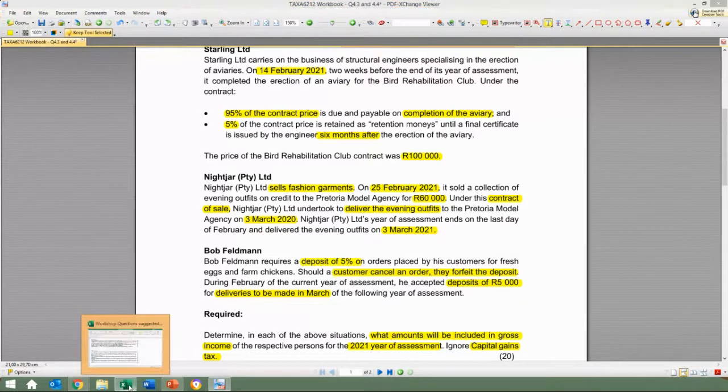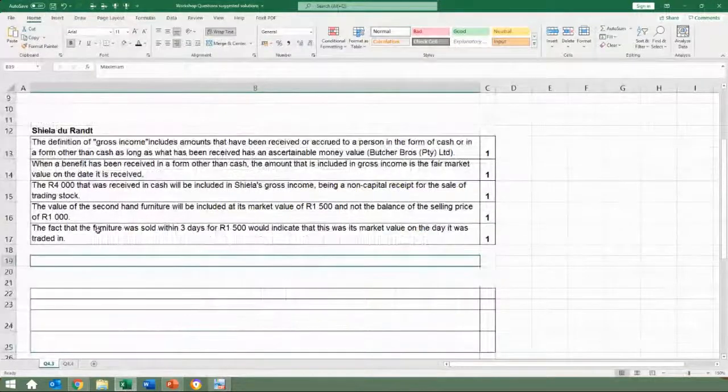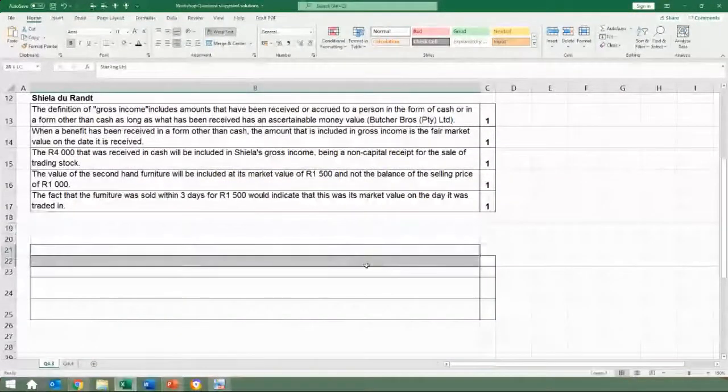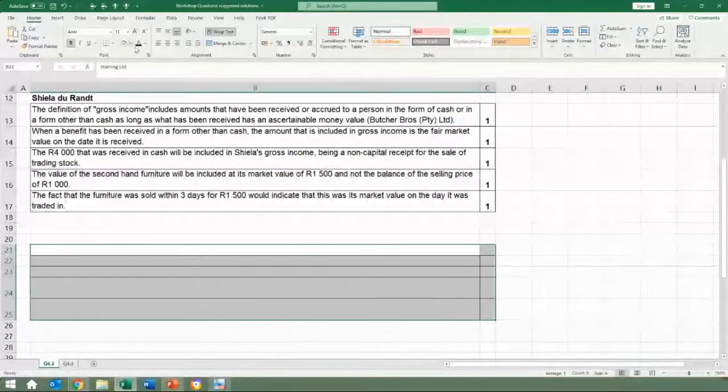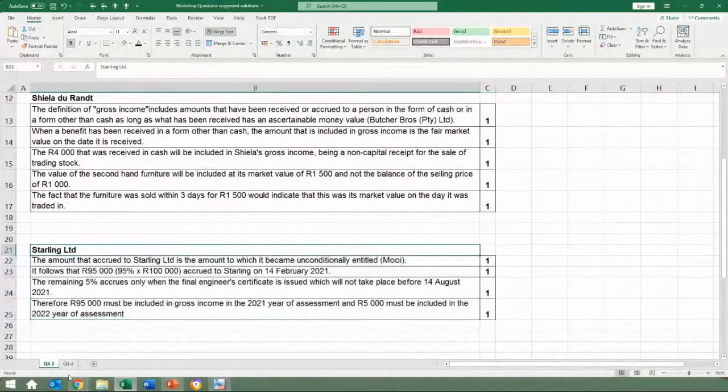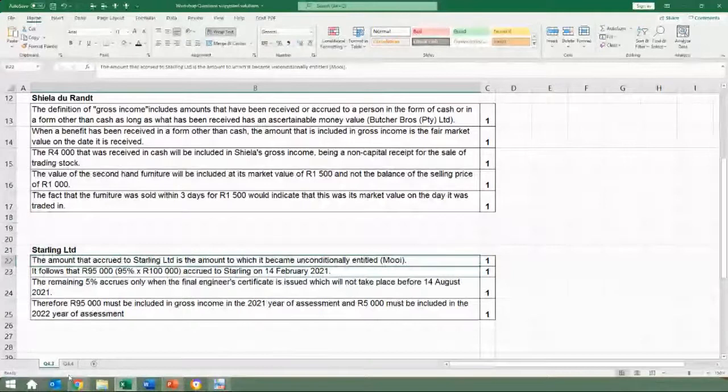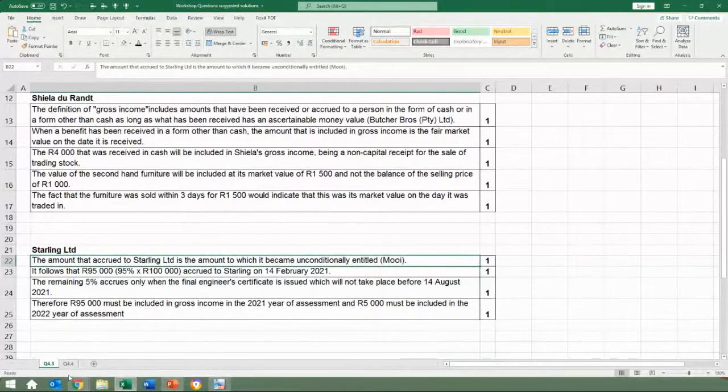Okay, so let's quickly run through the suggested solution just for the other ones, just so you can see what the answers would have been like. So for Starling, we said the amount that accrued to Starling is the amount when it becomes unconditionally entitled to it, according to our Moy versus SIR court case.